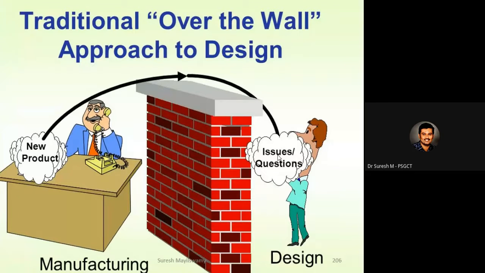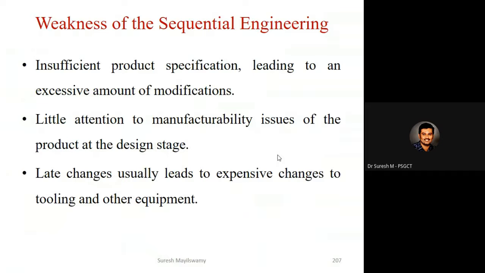Just developing a new product and throwing it to manufacturing is nowadays not a valid solution. These are the weaknesses of sequential engineering: insufficient product specifications leading to an excessive amount of modifications. Not only modifications, we are also spending more on design development.